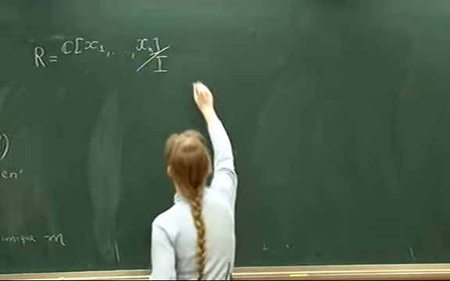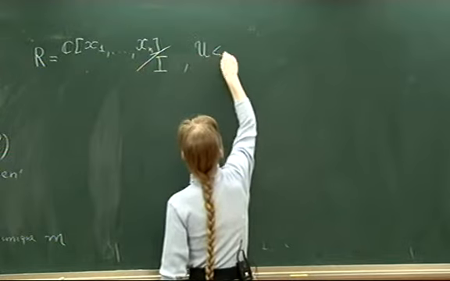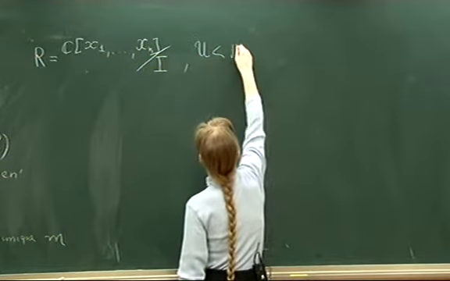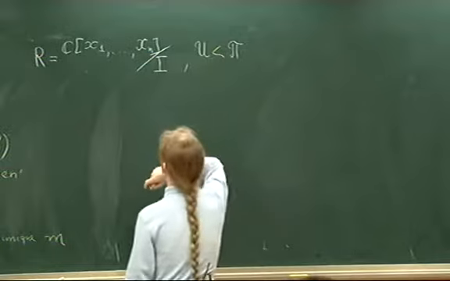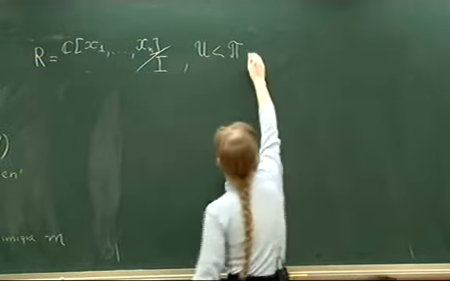And U is just the linear span of the images of the generators.